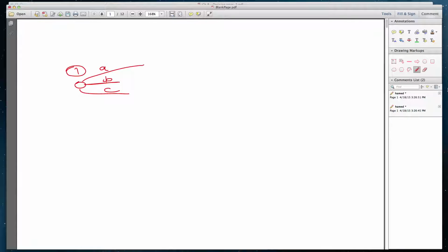Let me see if I can change the color here. Hopefully I can do that. Okay, it seems like it's better that I don't. So I stick to the same color. Sorry for that.